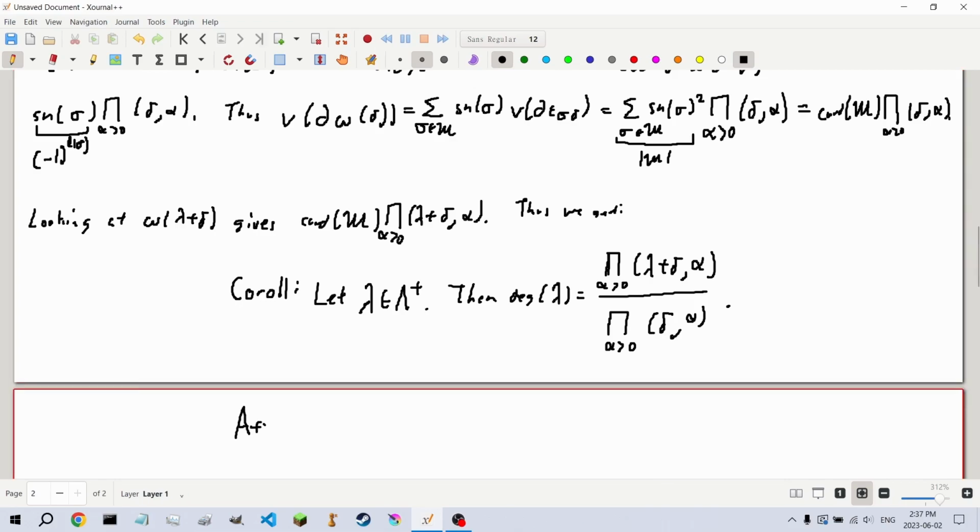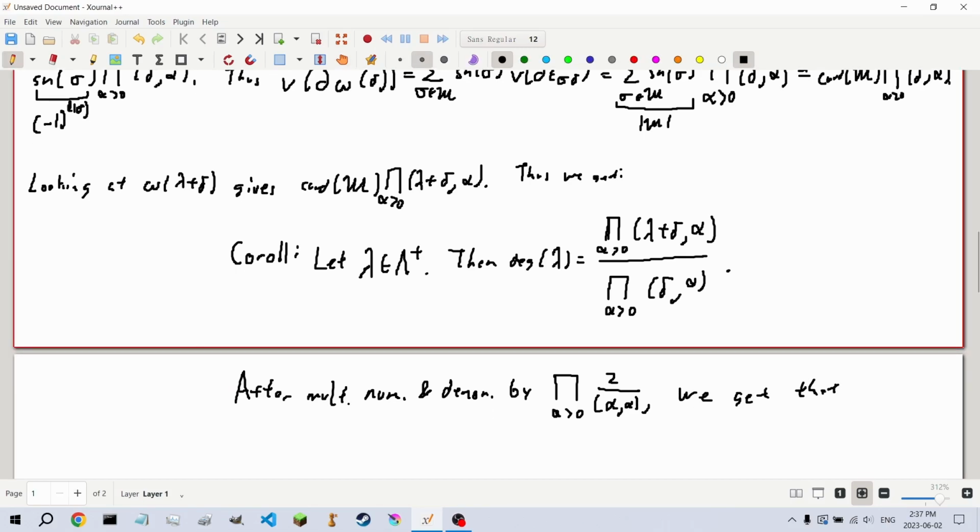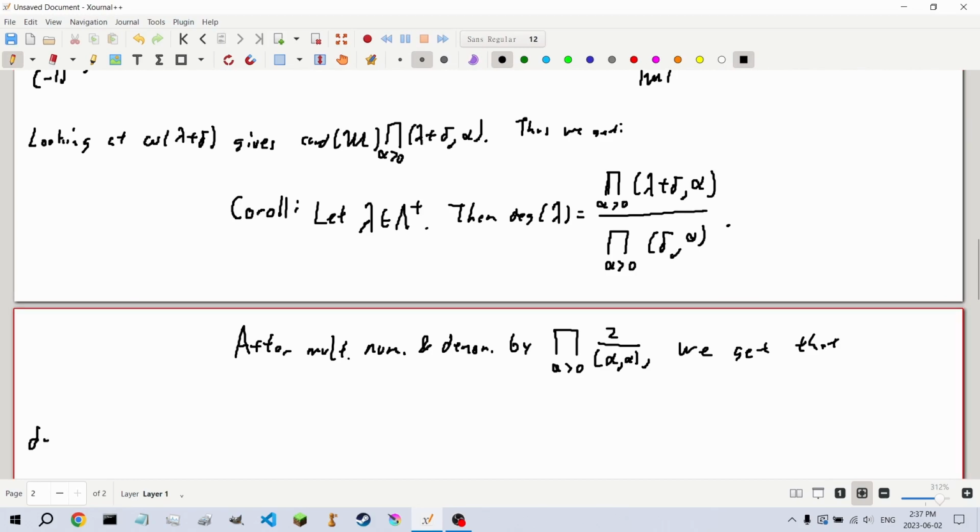We note that after multiplying the numerator and denominator by the product over positive roots of 2 over the form of alpha with itself, we get that the degree of lambda is essentially the same thing, except we replace the round brackets with angle brackets.